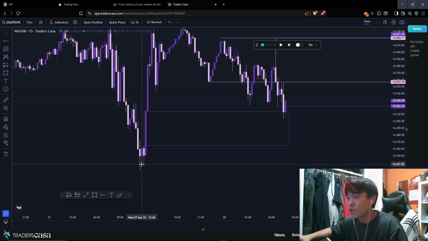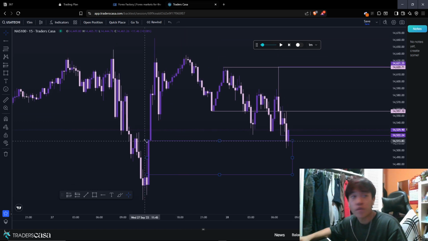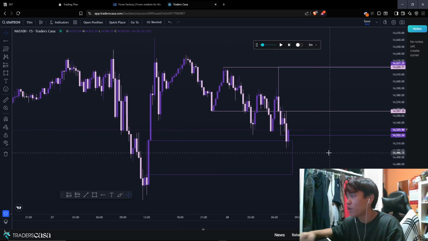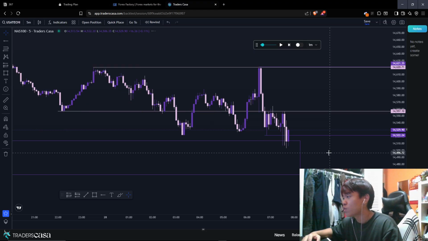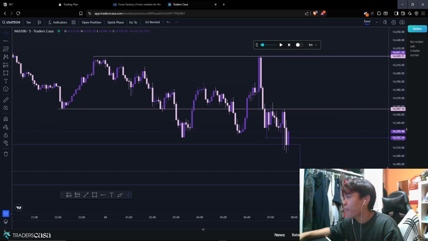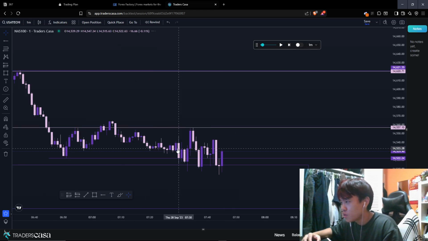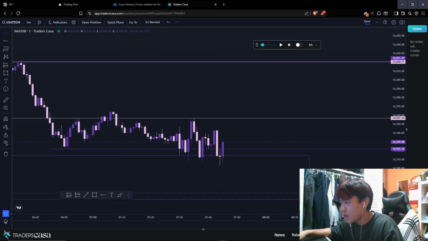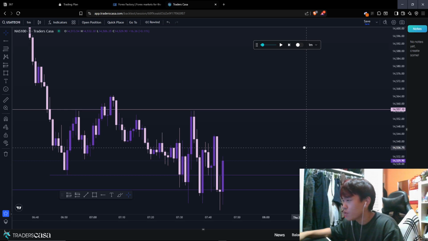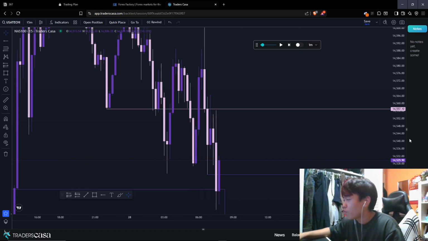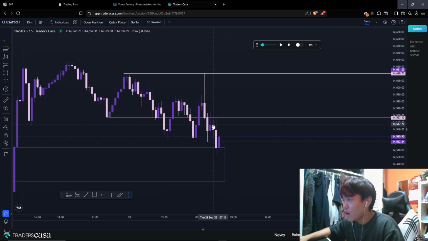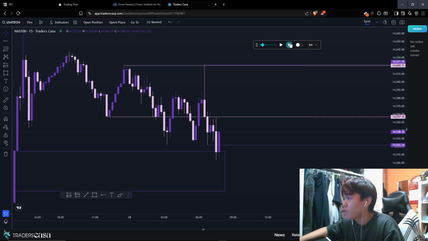So it could be targeting these lows or highs, or it could be targeting these fair value gaps for retracements. What I think market is doing here is using this as a retracement opportunity. But I will enter off of this CISD if we close above here and we inverse this 1 minute fair value gap. If we do close above right here, that is enough validity for me to enter off of.